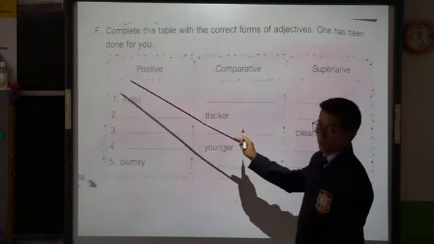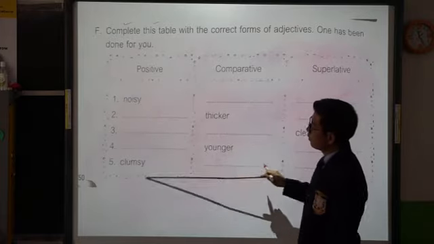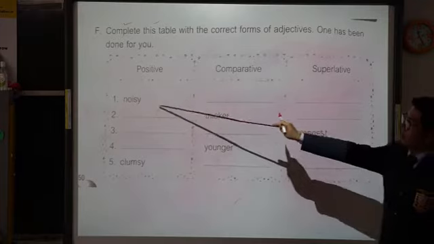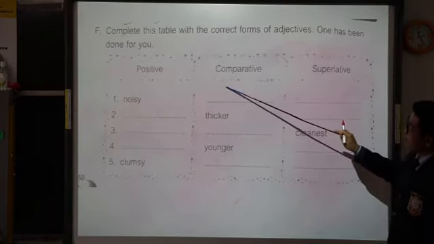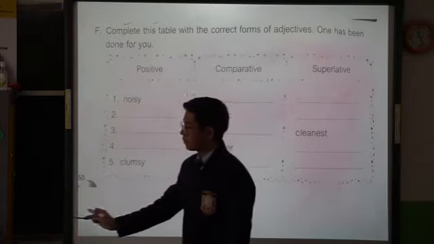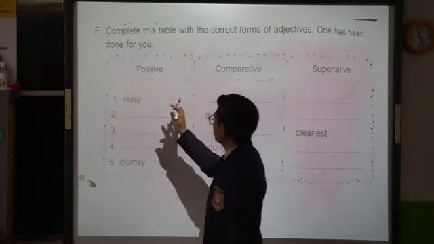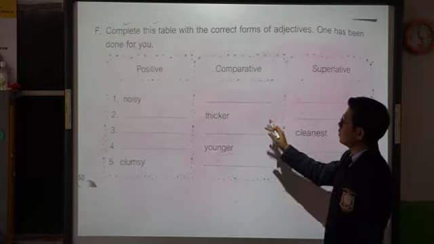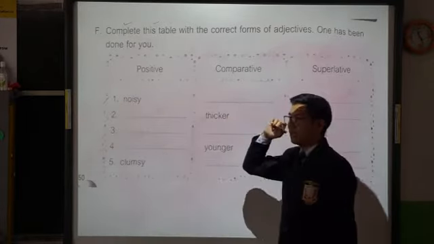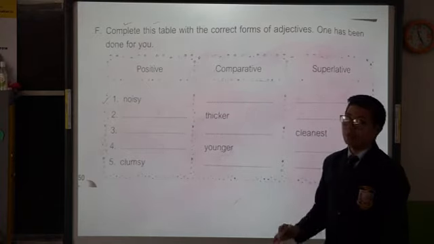So positive, I told you the first word will be positive. Second, when you compare between two things, and the third, superlative, in all, right? Here some adjectives are given. So let's see the first one, positive, noisy. What will be your comparative?